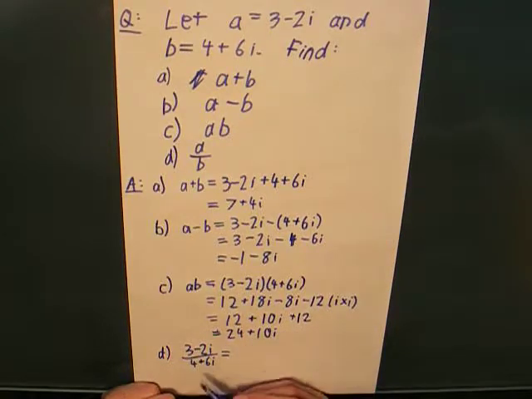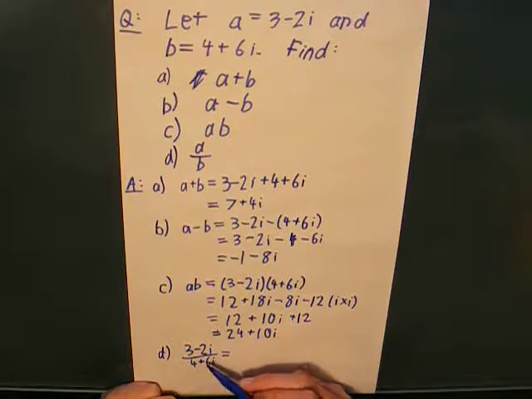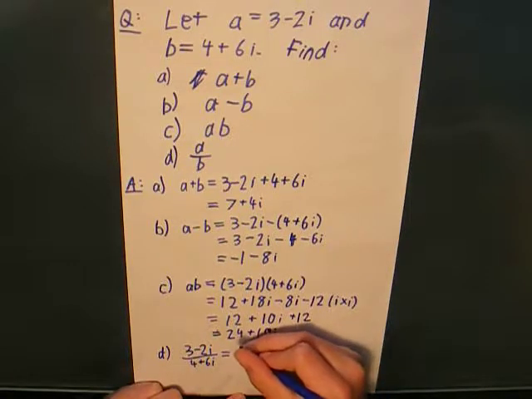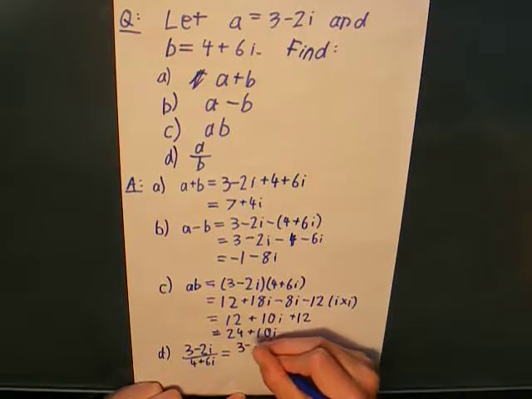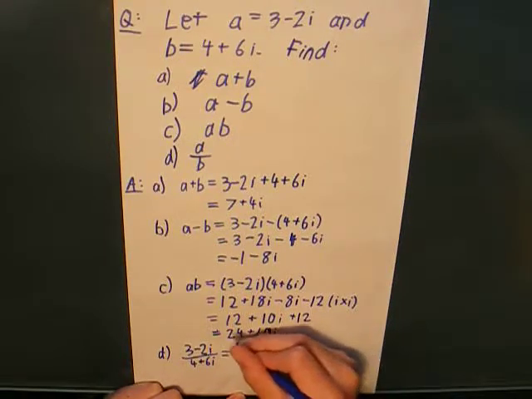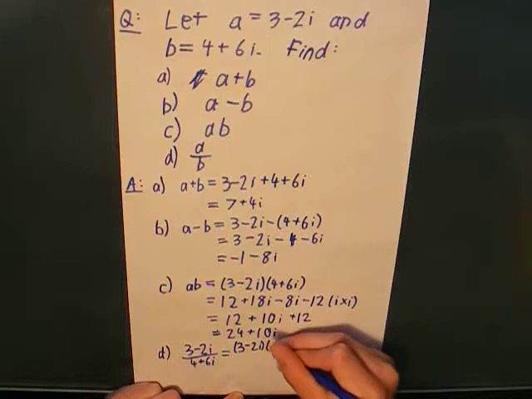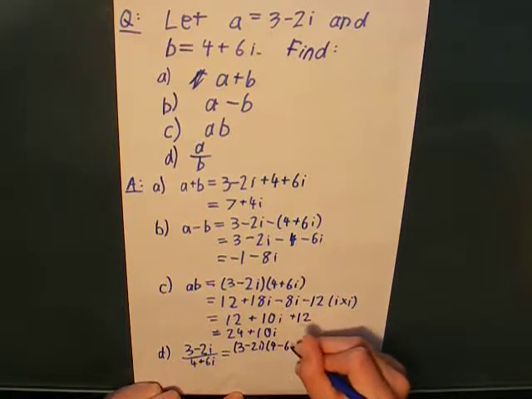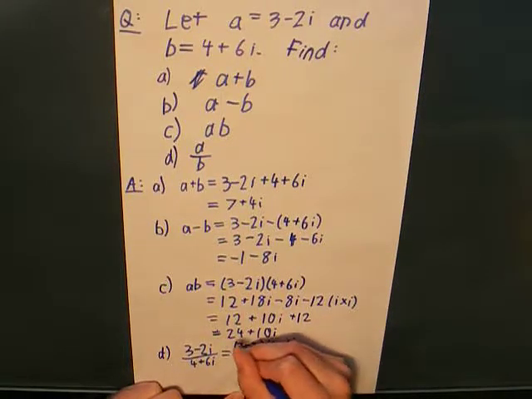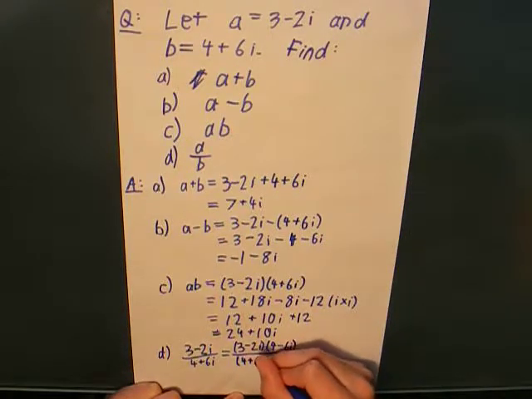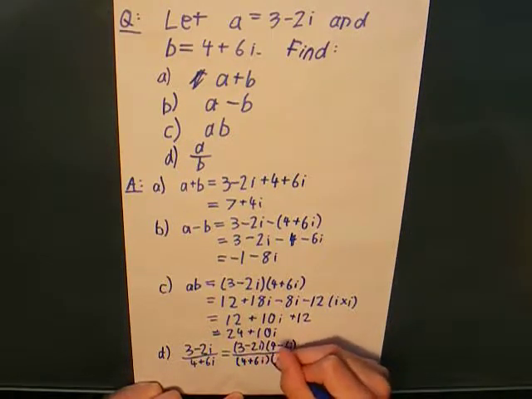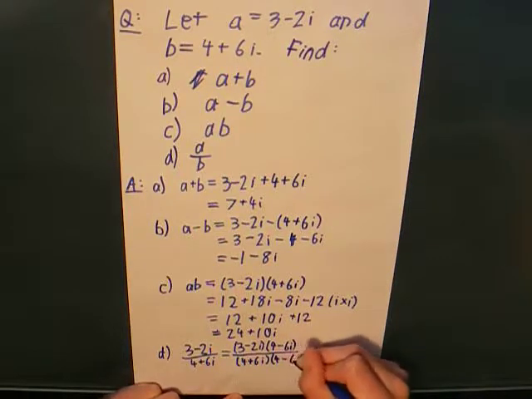Now the complex conjugate is just a complex number like this with the sign before the i term reversed. So here it becomes 4 minus 6i. So I have 3 minus 2i times 4 minus 6i over 4 plus 6i times 4 minus 6i.